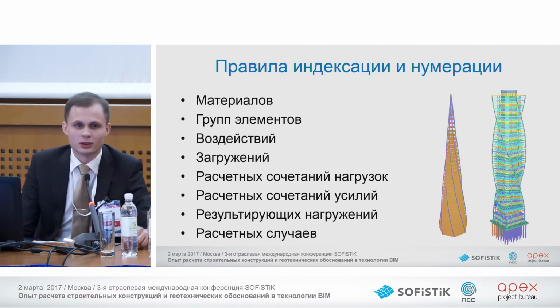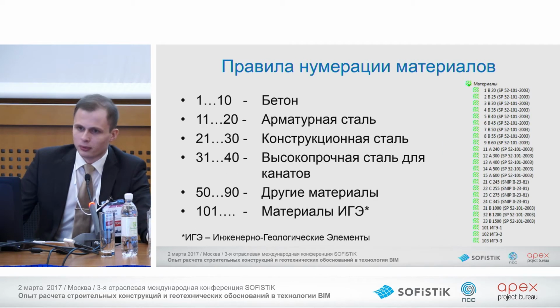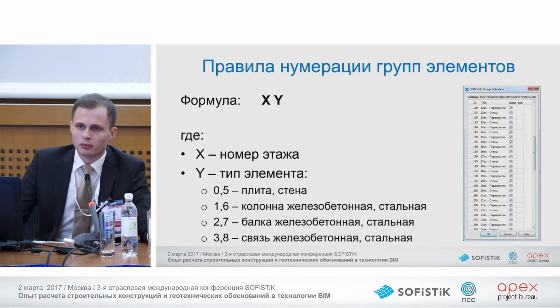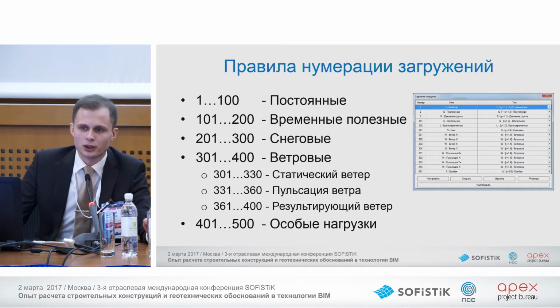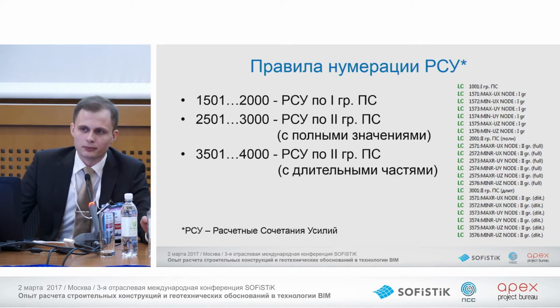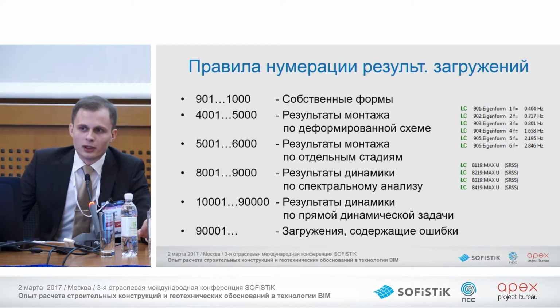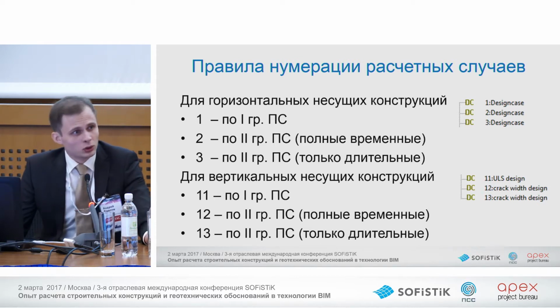It was allowed for me to show you our experience, so if you like, you can do it yourself. We have our own numbering rules and indexation rules. Loads combination, efforts combination, results, and calculation cases.